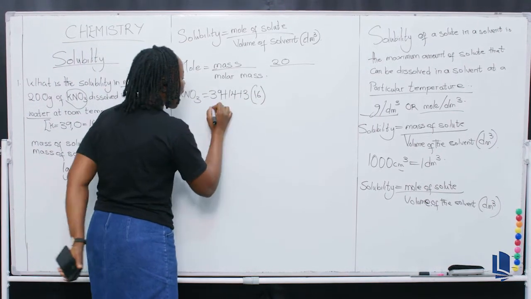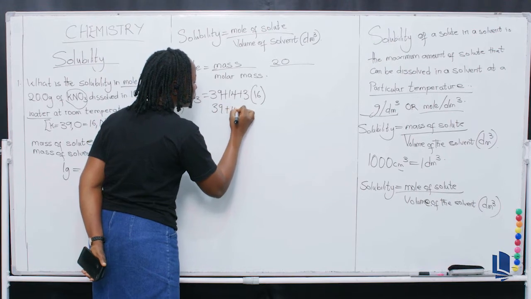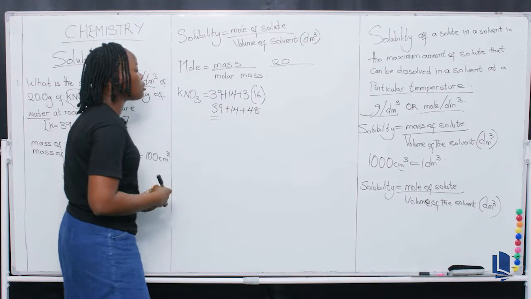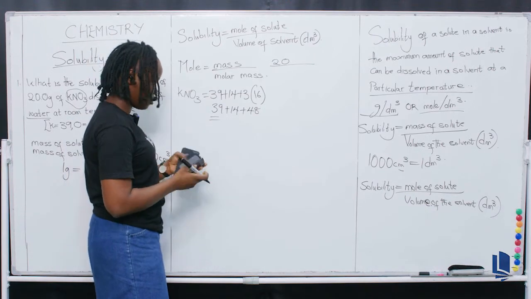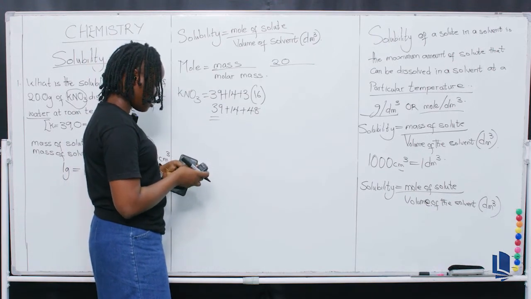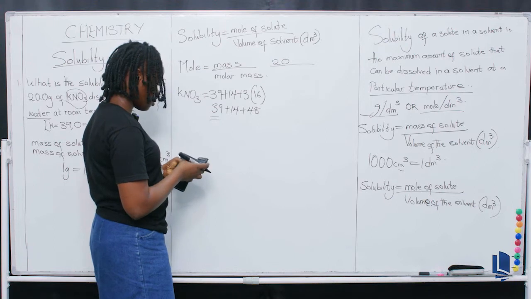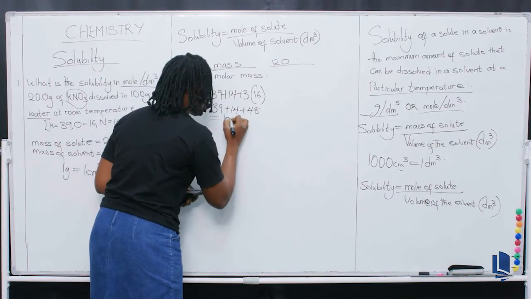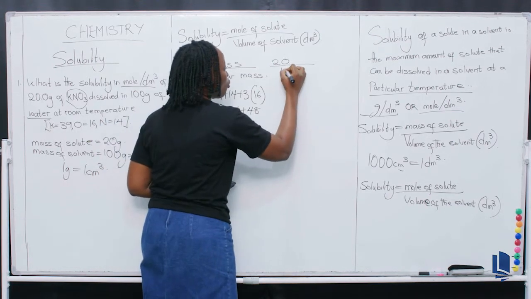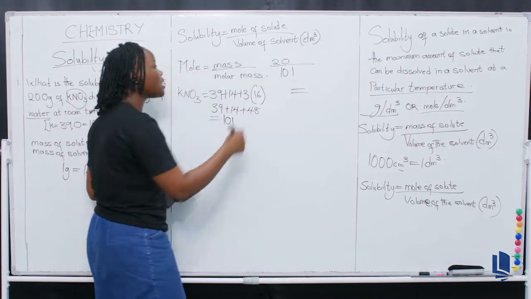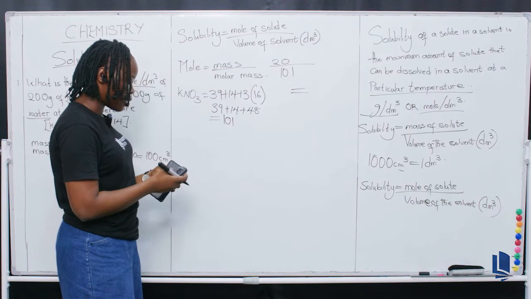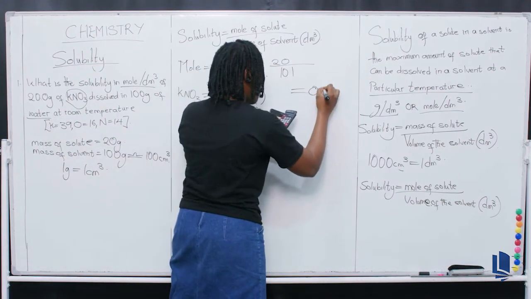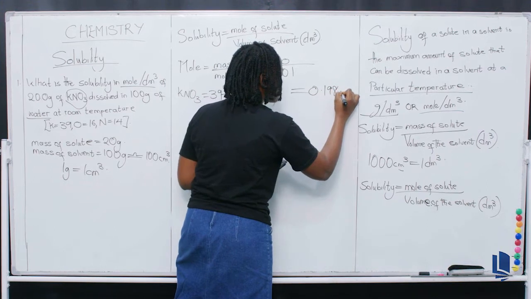So 39 plus 14 plus 3 times 16, 48. So let's punch this on our calculator. That's 39 plus 14 plus 48. That's 101. So 20 divided by 101 is 0.198 moles.